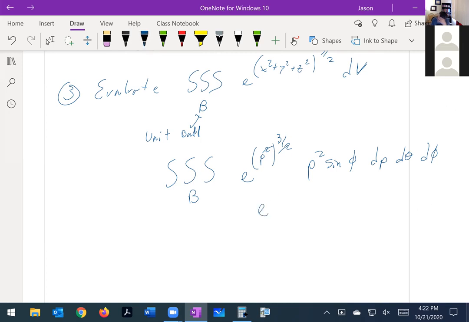So this is going to be e to the rho cubed times rho squared sine phi, d rho, d theta, d phi. Sorry, I keep mixing up the rho's and the phi's and it's messing with my mind today.